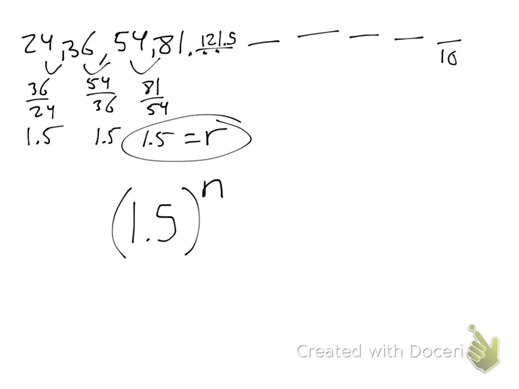Okay, next. 182.25. Next. 273.375. Next. 410.0625. Next. 615.9375. And 10.